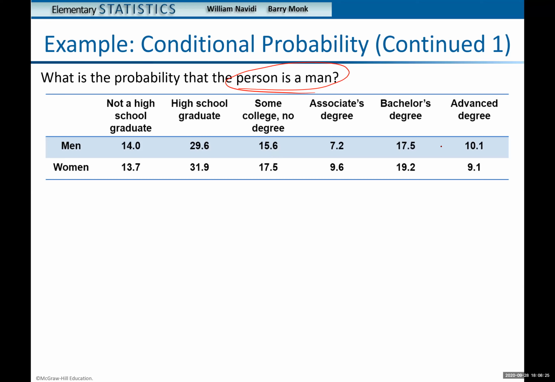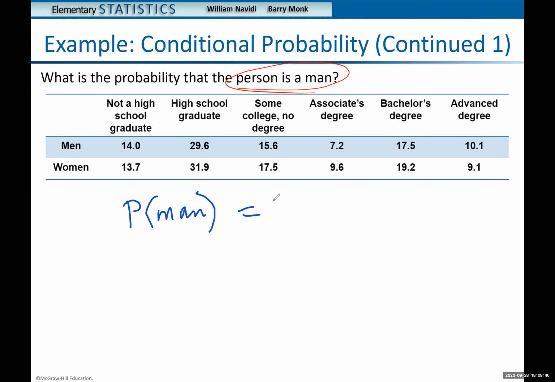Yes, 94. And how do we answer the first question? What is the probability that the person is a man? Add up the total men and women, and then men over the total.